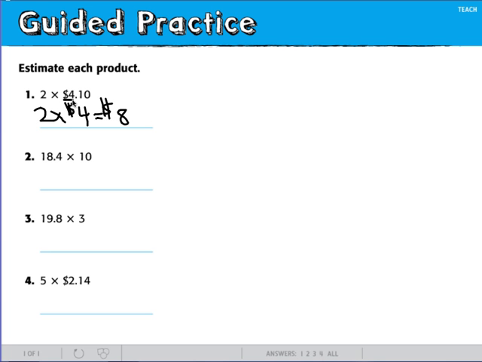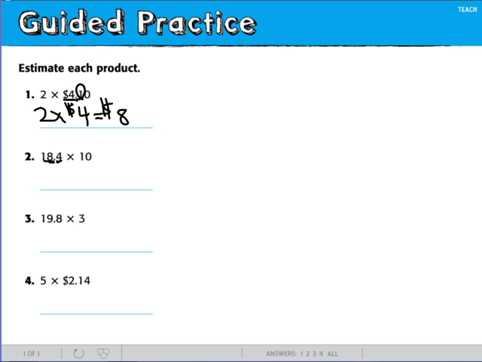I rounded this to 4 because 4 is in the ones place. There's a 1 next to it. 1 is less than 5, so the 4 stays the same. Okay, next one, 18 and 4/10 times 10. What am I going to do with 18 and 4/10? You're going to round it to the nearest whole number, which is what digit is in the ones place? 8.